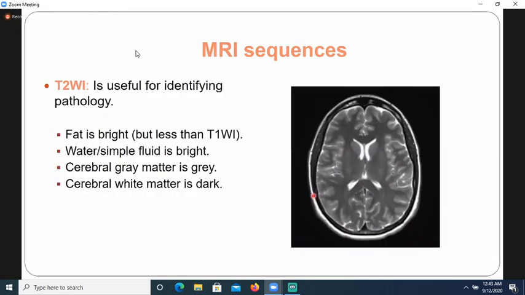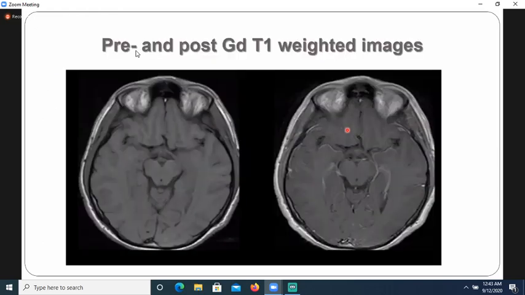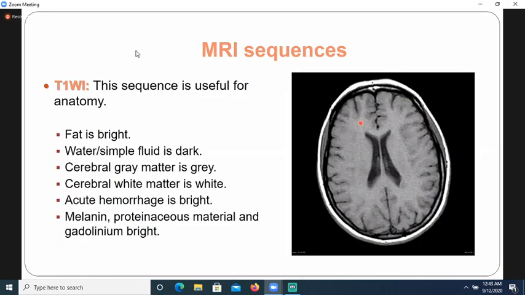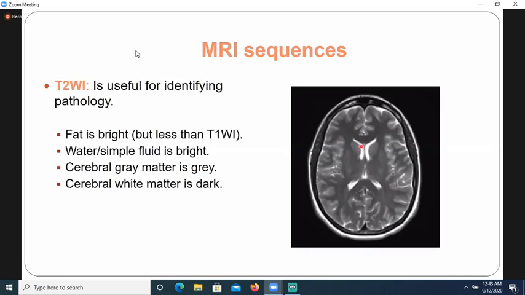Cerebral gray matter is gray, but white matter is dark. See, in this sequence, it is white. In this sequence, it is black. So we have to differentiate these four parameters. Fat is bright but less than the T1. Fluid is white. White matter is dark or black, and the gray matter is gray. This outline is the gray matter, which is also gray in both.